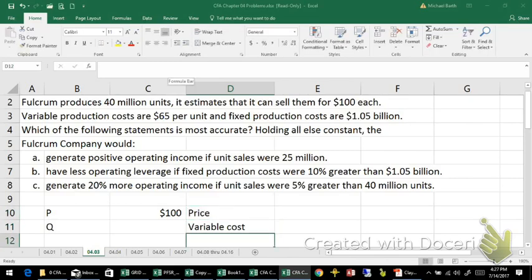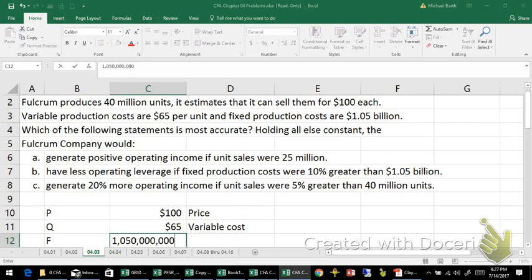Variable cost is $65 per unit, or about 65% is the cost of goods sold, which leaves them a gross margin of about 35%. They have fixed expenses of $1,050,000,000. Those are the fixed expenses.